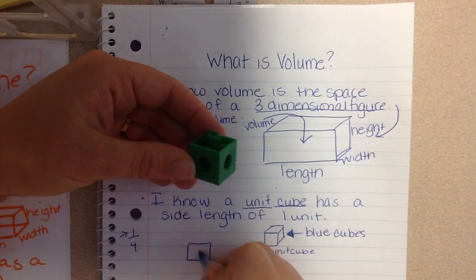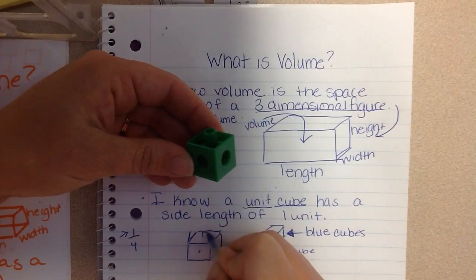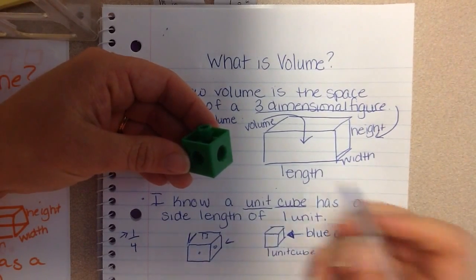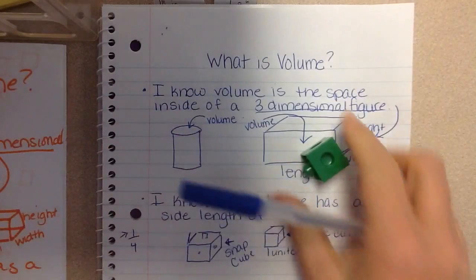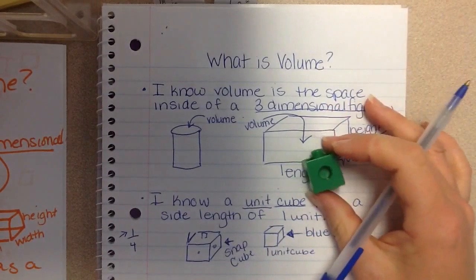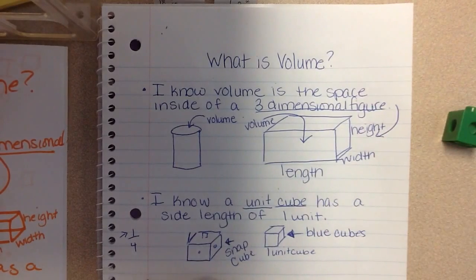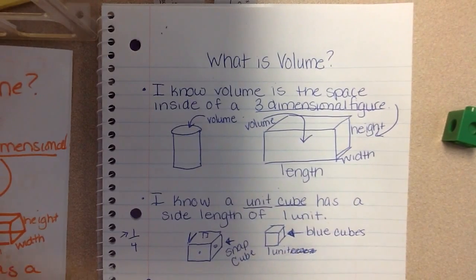So a unit cube has a length of 1 unit long. Let's label this one a snap cube. These are all worth 1 unit. I didn't take a ruler and measure them. I'm just using them as 1 unit. Okay, so if one side is equal to a length of 1 unit, I'll cross that off here.